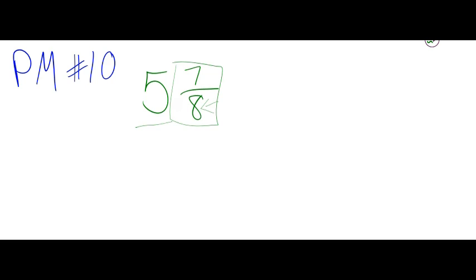5 times 8 is 40, and that's the value of the integer. So we've got 40/8, and we also have 7/8 from our fraction that we started with. As we add across, 40/8 plus 7/8 gives us very easily 47/8.